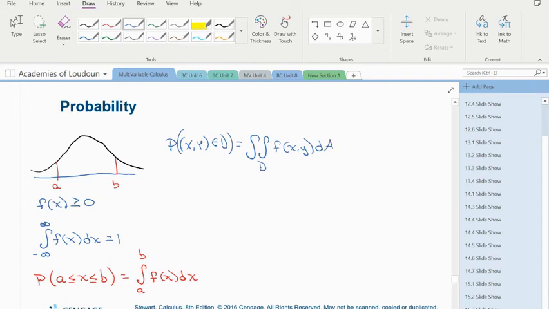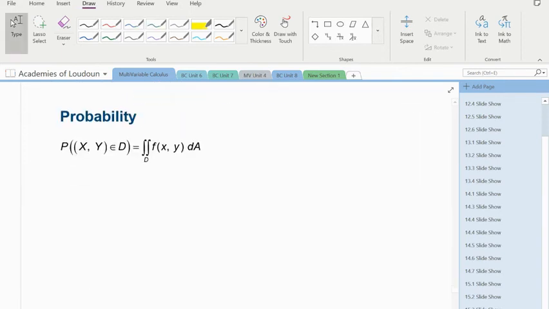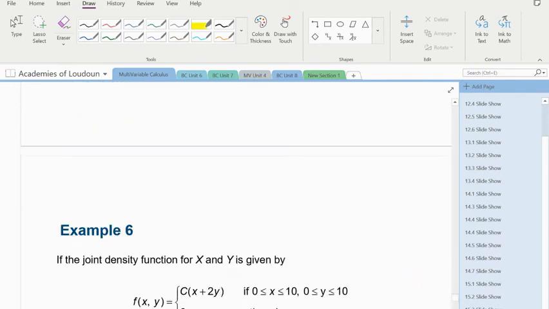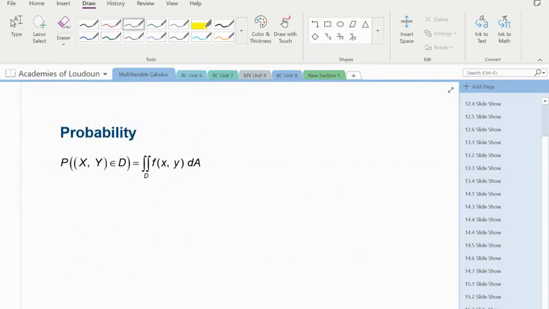So in particular, if the region is a rectangle, then the probability that x lies between a and b and y lies between c and d can be given by this equation.